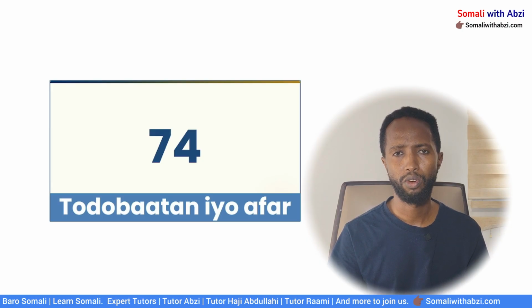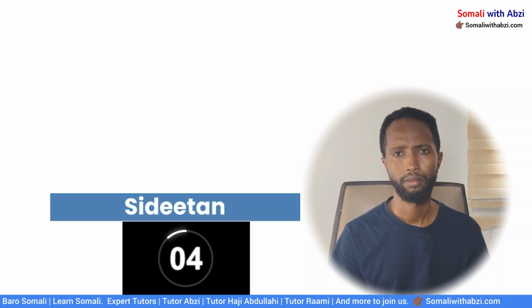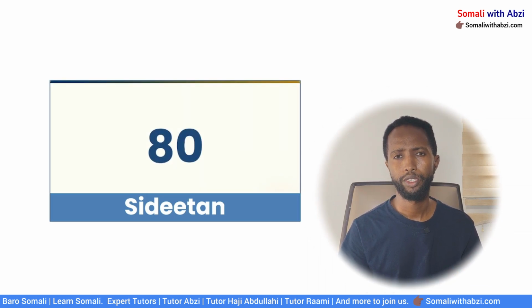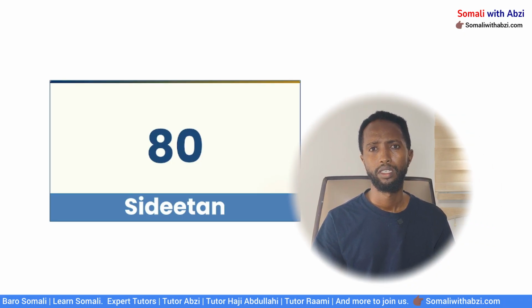If you say 74, you are correct. Let me give you another number. This is sideetan, which is 80. If you say 80 in figure, you are also perfect.